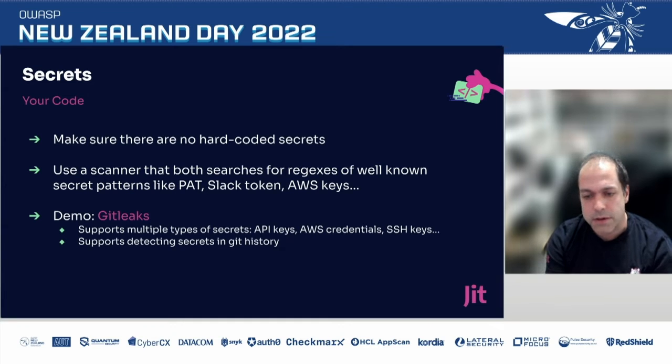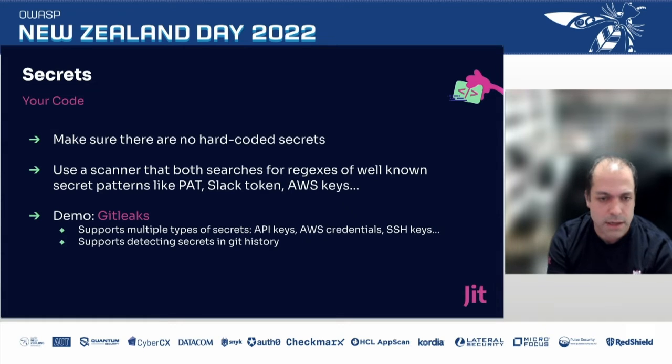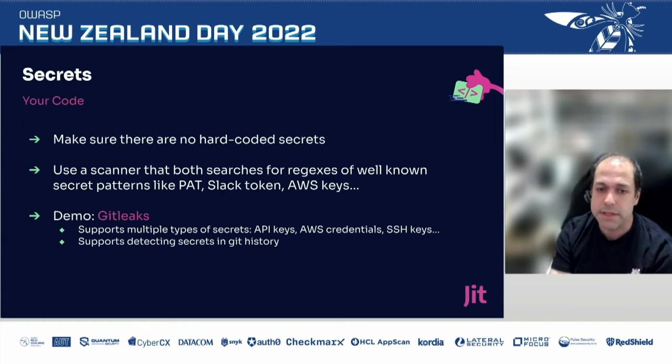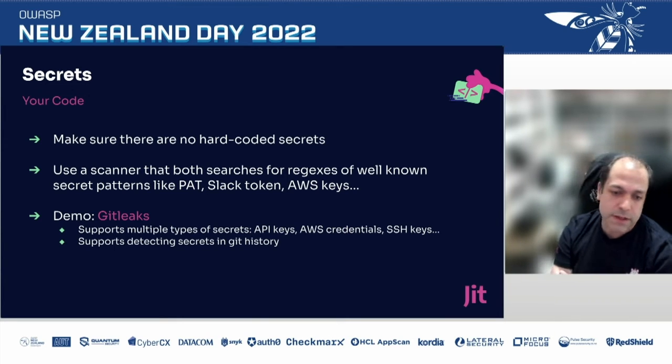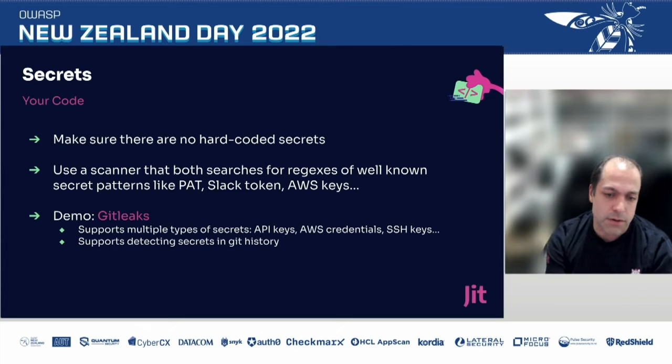On top of that, you can also define your own rules. There is a generic API key rule that you can customize in order to look for generic secrets, adding some filter based on the entropy. And one of the advantages is that it's also checking all your Git history.